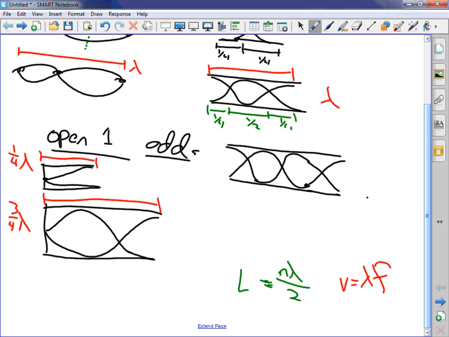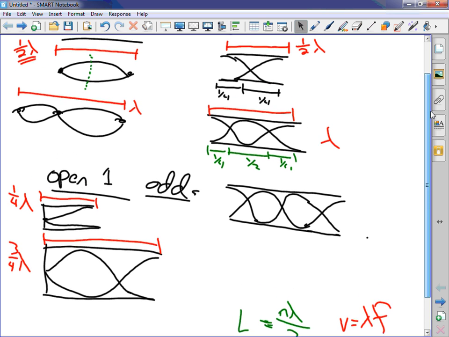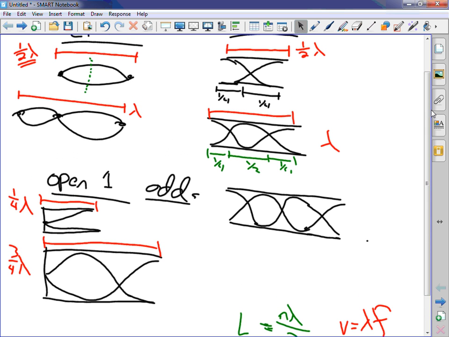This equation should make sense to you. Let's use the open on both ends idea. L equals the length of this pipe equals n lambda over 2, where n is 1, which is what we said, 1/2 lambda.